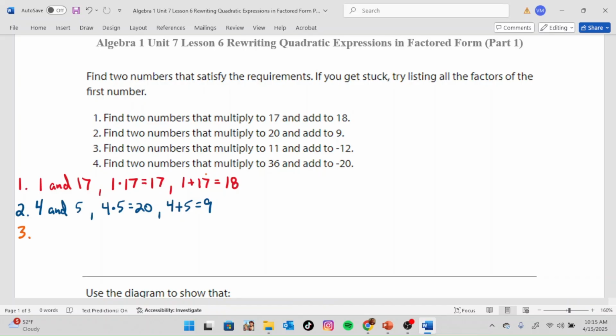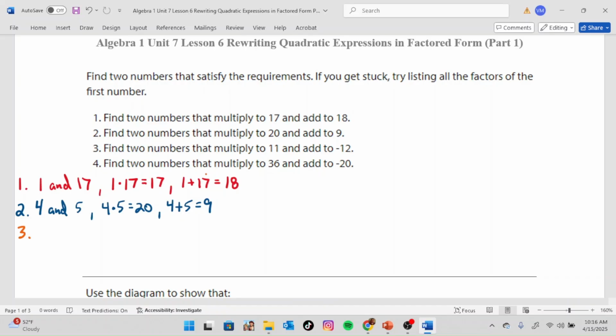So this one is a lot like number 1, but now we have this new twist where when we add them, they're going to be a negative. So if I think about multiplying numbers to 11, I get 1 and 11 because 11's a prime number. But if I add 1 and 11, I get 12.